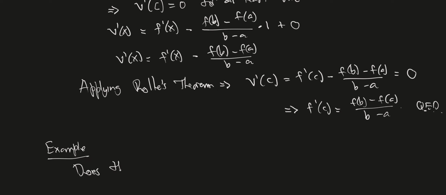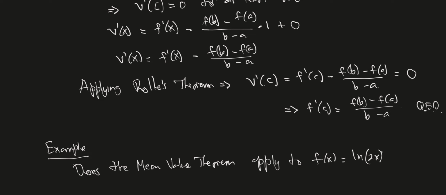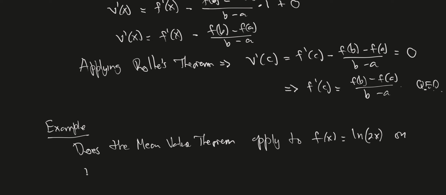Does the mean value theorem apply to this function? f of x equals the natural log of 2x on the interval, and let's say my interval is from 1 to e. And let's say explain, because we have to be able to explain why it does or doesn't apply.